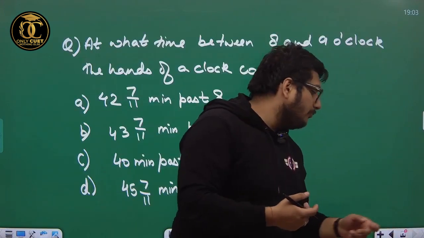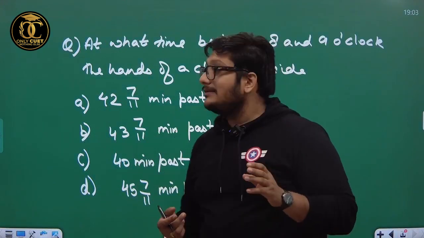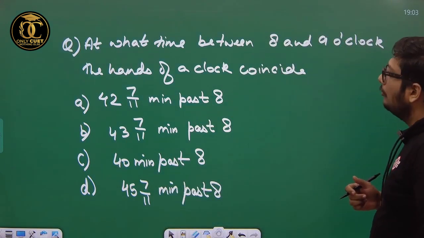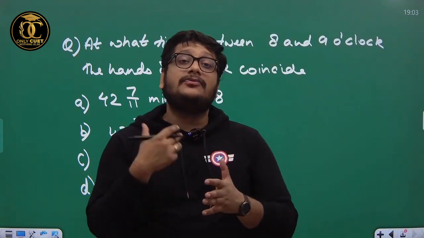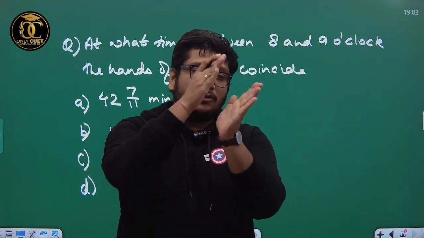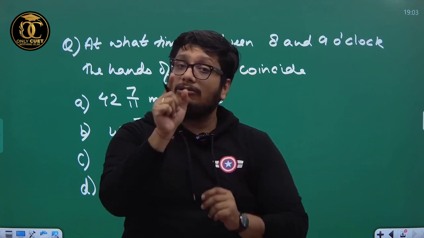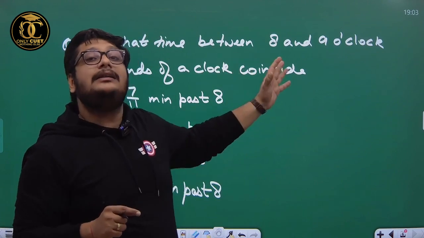Similarly, I'll give you one more question based upon the topic clock from logical reasoning. It asks at what time between 8 and 9 o'clock the hands of a clock coincide. If they are coinciding, if they are over each other, that means the angle between them is 0 degree. So we have to form an equation with the angle as 0 degree.